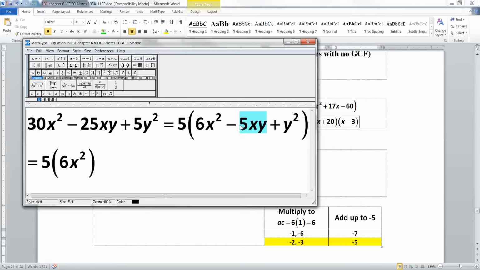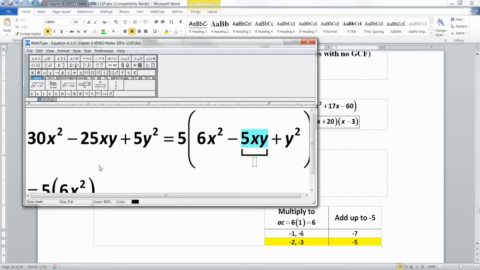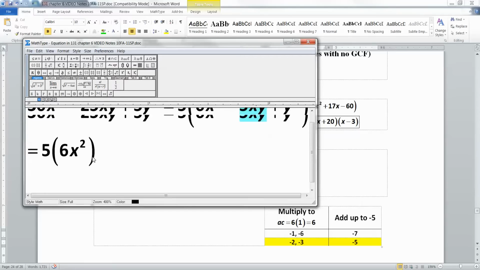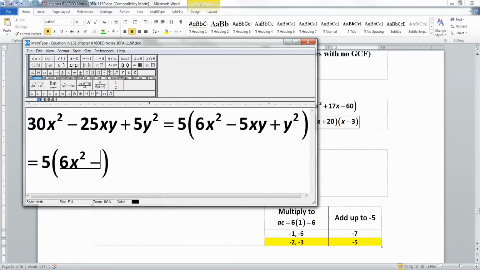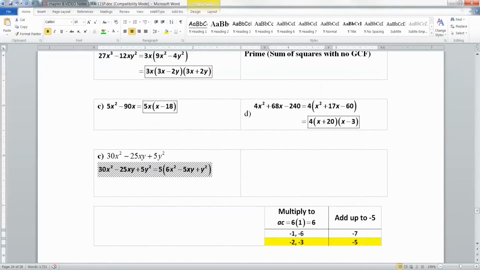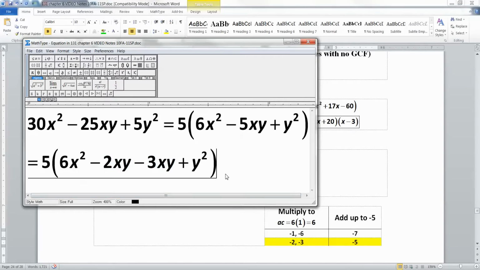It'll just be confusing otherwise, so write minus 2xy minus 3xy plus y squared. I'm breaking that middle one up into two parts, the two parts that I found right here that I highlighted in yellow. Now I can factor by grouping.